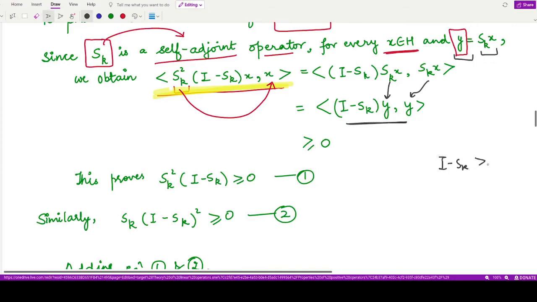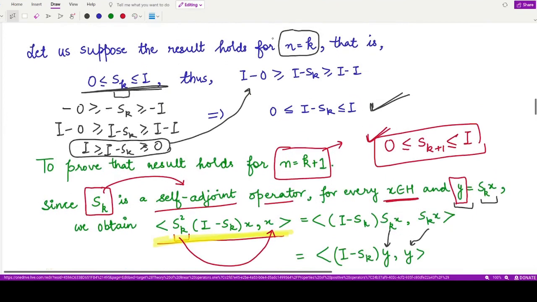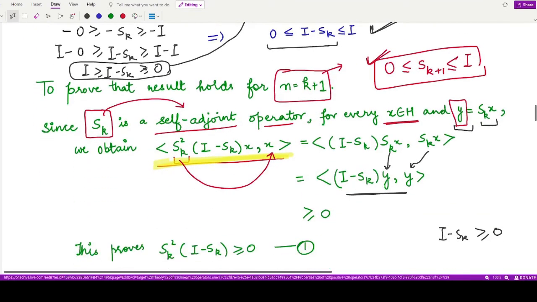this operator is greater than or equal to 0. Let's see how. From the n equal to k part, we have this operator greater than or equal to the 0 operator. So that means its inner product is also greater than or equal to 0. So the inner product of I minus S_k applied onto any element y, with the same element y, is always greater than or equal to 0, right?